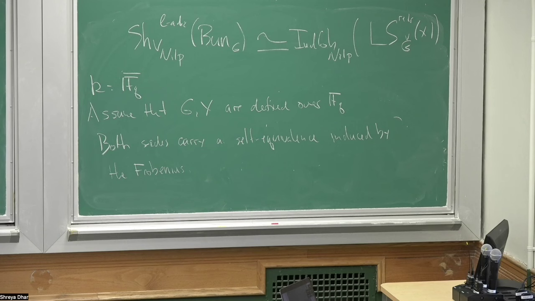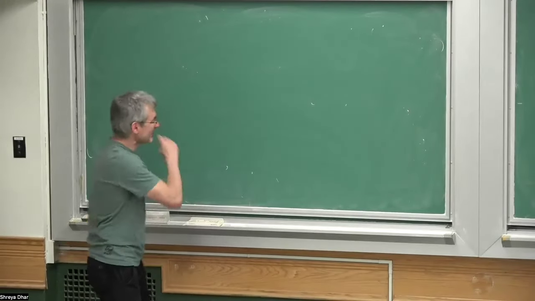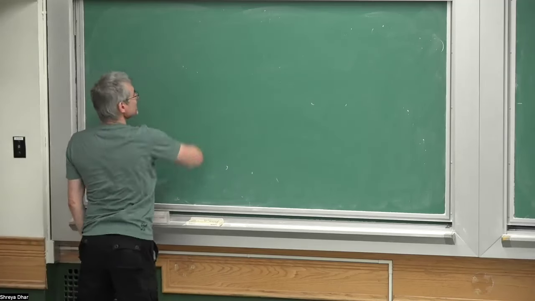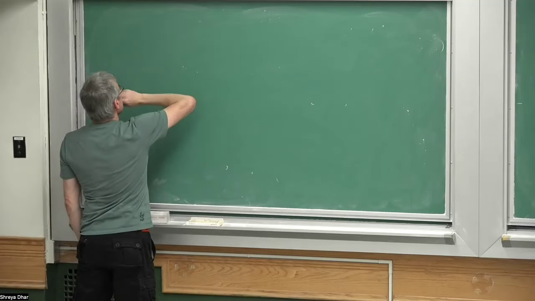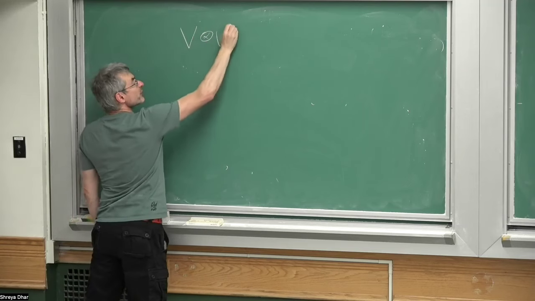Right. So what do we mean by trace? Who knows how to take a trace of an operator on a finite dimensional vector space? Well, what you do is this. Here's your finite dimensional vector space V. It has a dual, which is very important.